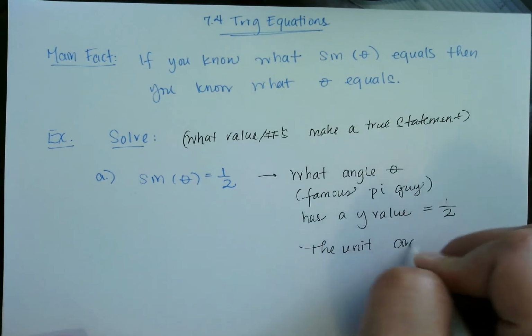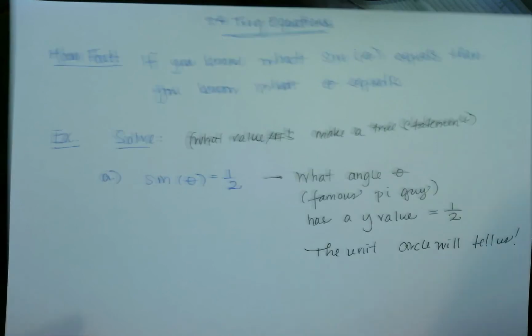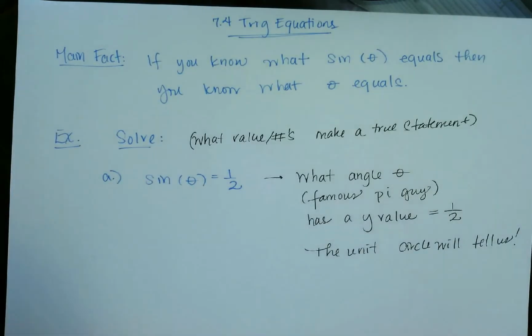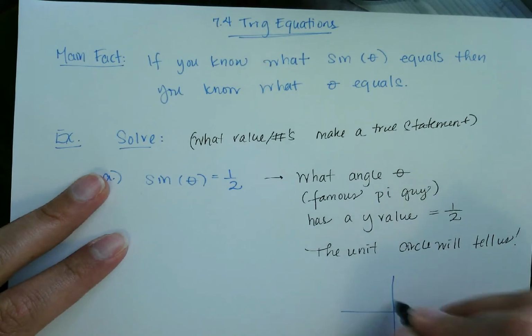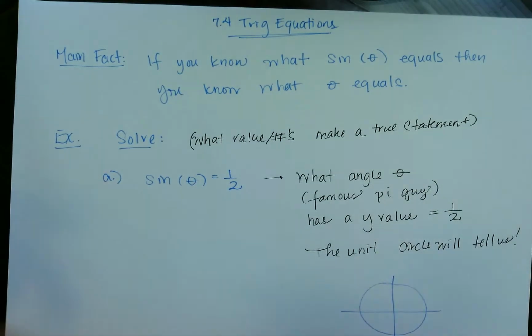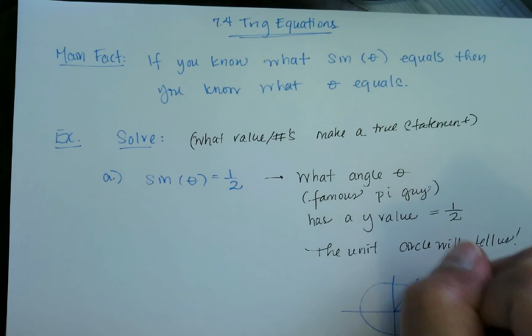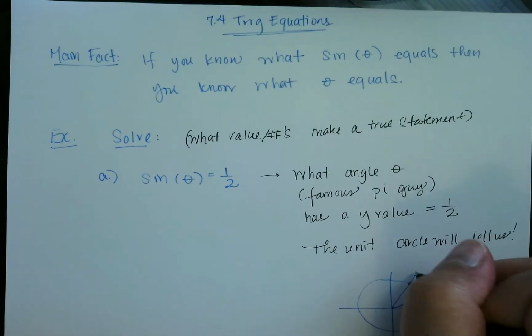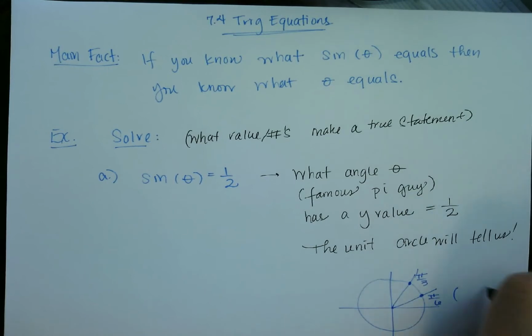Alright, so if we go to the unit circle, which pi guy has a y value of 1/2? So we already know the pi over 4s. So it's either the pi over 3 guy or the pi over 6 guy. So what's pi over 6? What are those coordinates? Square root of 3 over 2, comma 1/2. So what's this guy?